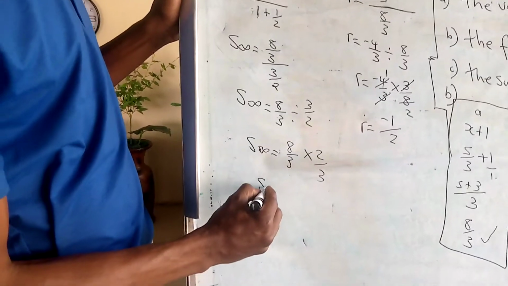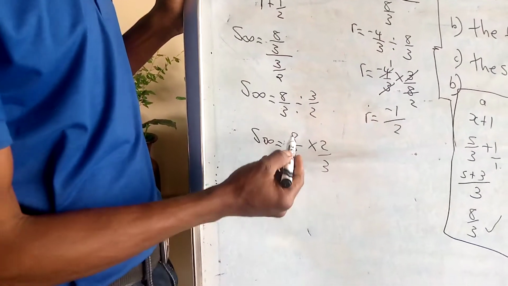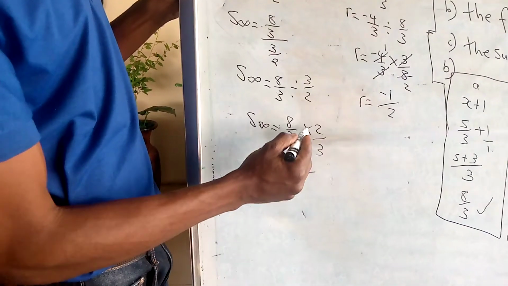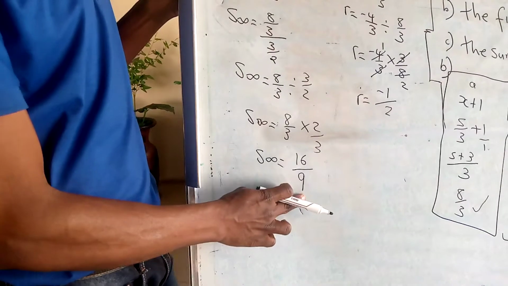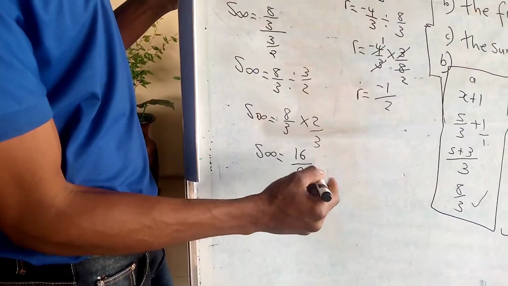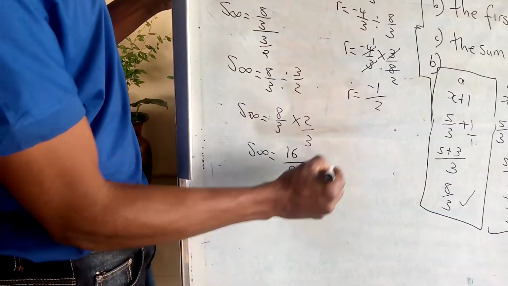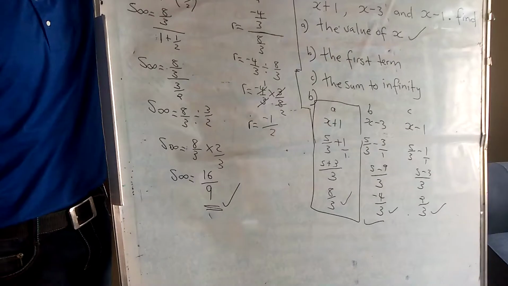When you multiply 8 times 2, it gives you 16, over 3 times 3, which is 9. If you want, you can now take it into a mixed fraction. The answer is here. So this is the way you are supposed to answer these particular questions.